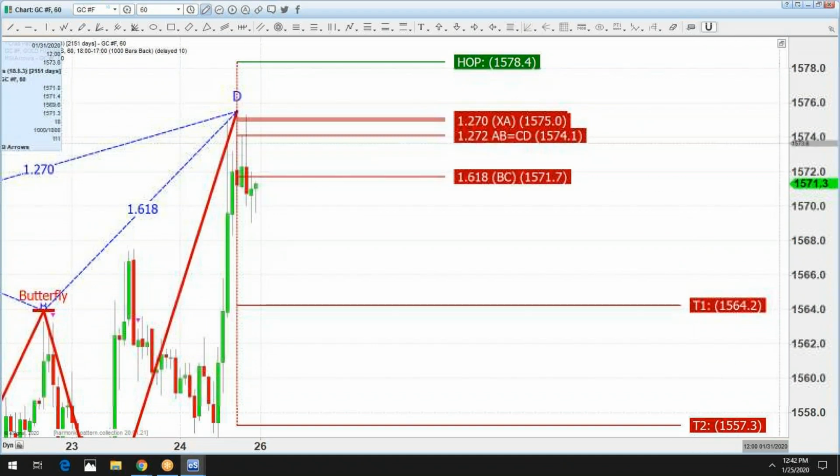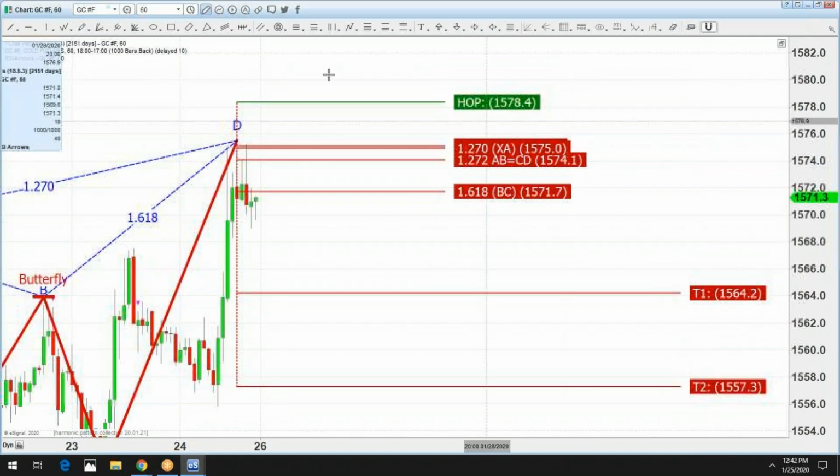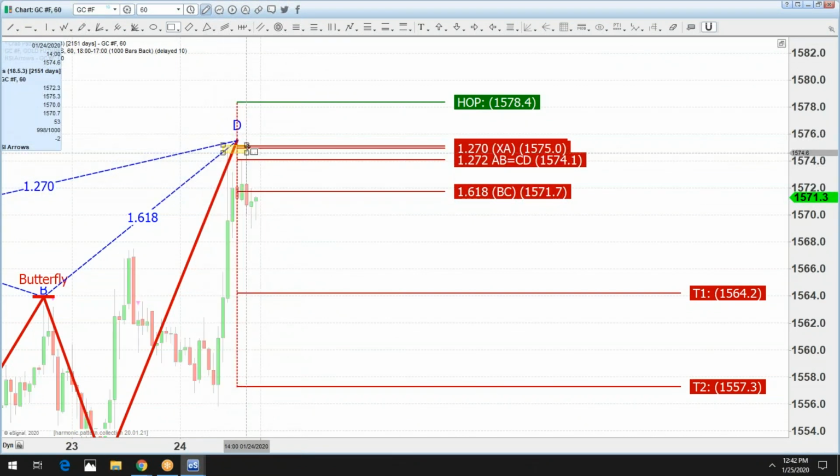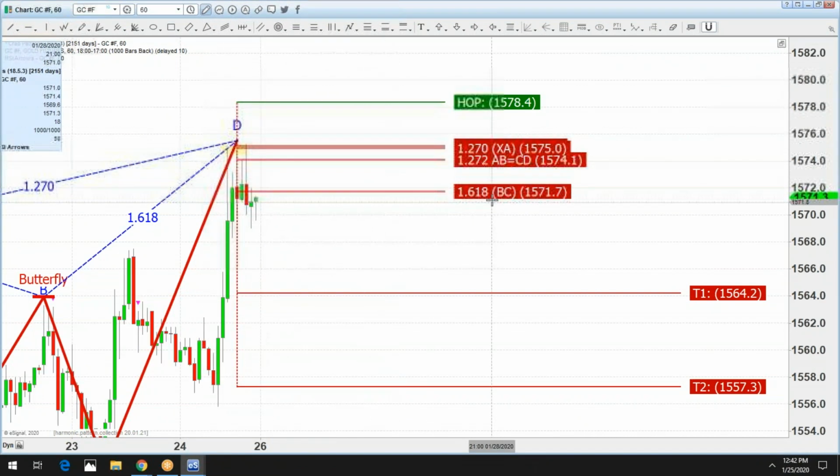How do we read this? How do we know? Are we going to execute? Should we have executed already right here at the terminal bar at 1575, or does the larger opportunity require more time?